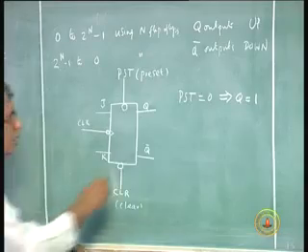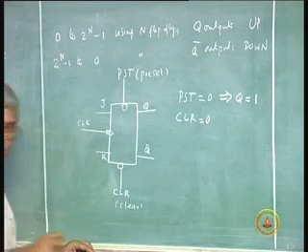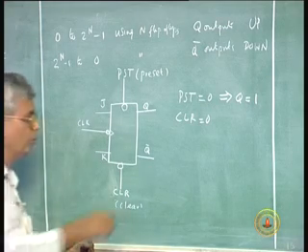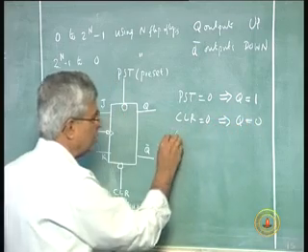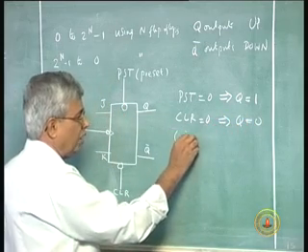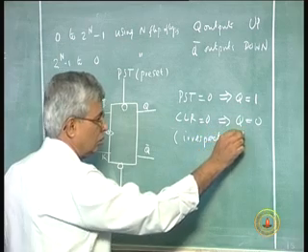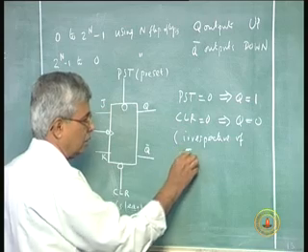Likewise, a clear input will, as the name suggests, clear the output, means Q will become 0. These happen irrespective of j, k and clock.